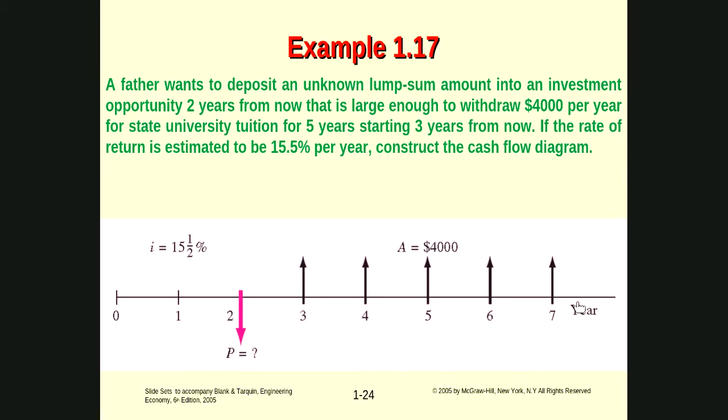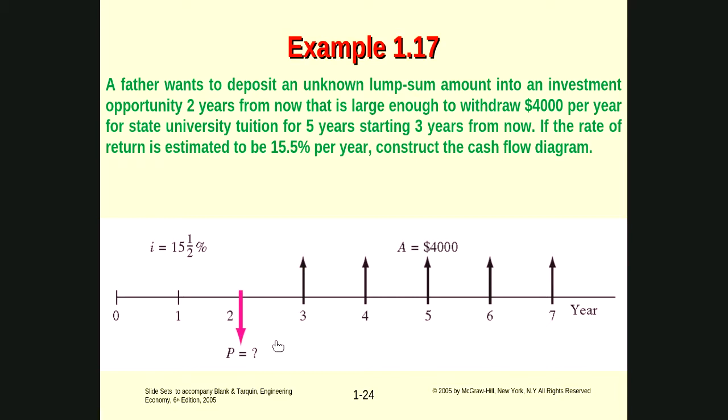Okay? So what is the missing information here? How much he will invest in the bank on year 2, because he is not going to pay it now or on the next year, he will pay it 2 years from now. Let's say his son is now in first year of high school, planning for his university, which is almost 2 years from now, and in the third year he will start to pay the university.